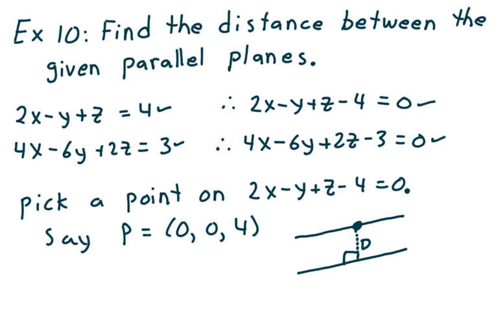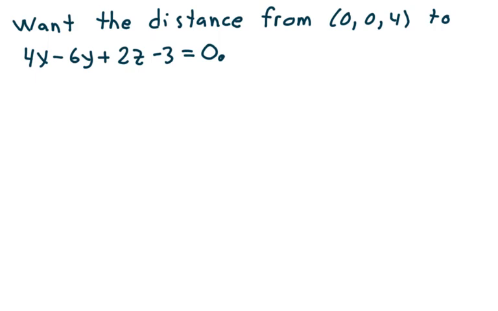Now, I'm going to pick the point 0, 0, 4. Why? It's convenient. It's an easy point to deal with. So notice when x is 0 and y is 0, z is forced into being 4. And I want the distance from 0, 0, 4 to the other plane, which is 4x minus 6y plus 2z minus 3 equals 0.